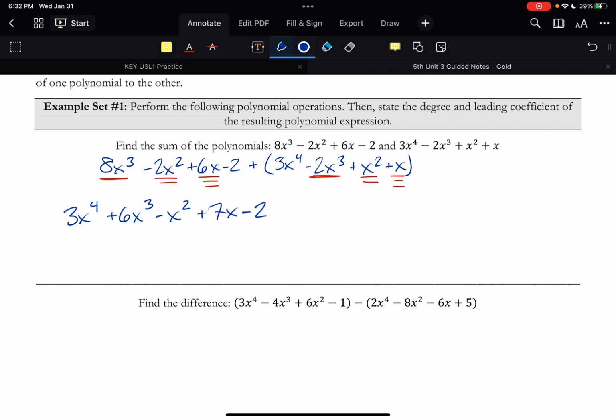We write it in this order called descending order, and that's where we write all of our terms in order based off of the exponents, starting with our largest, again, the degree of the polynomial, and then we go in descending order down. So again, to find the degree and leading coefficient, I look at my leading term, which in this case is 3x to the 4th, and the degree of this polynomial is 4, and the leading coefficient here is 3.